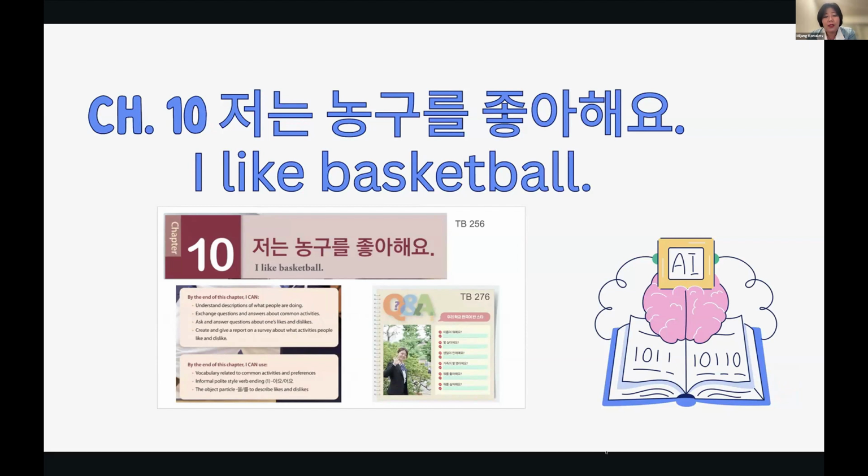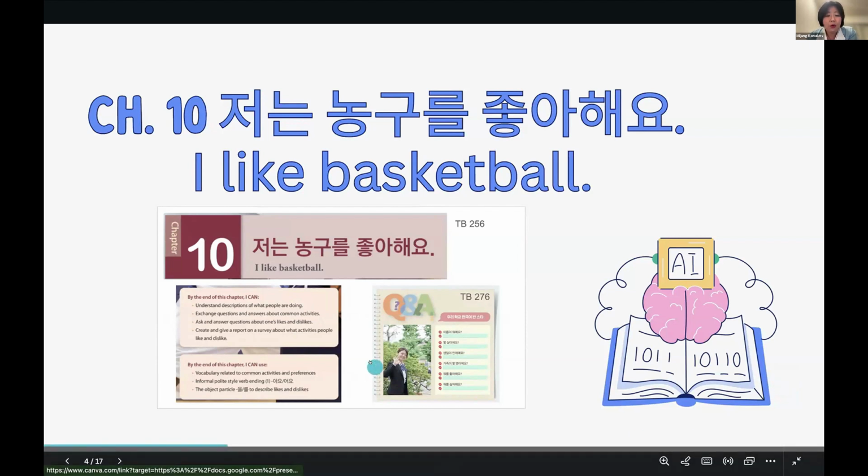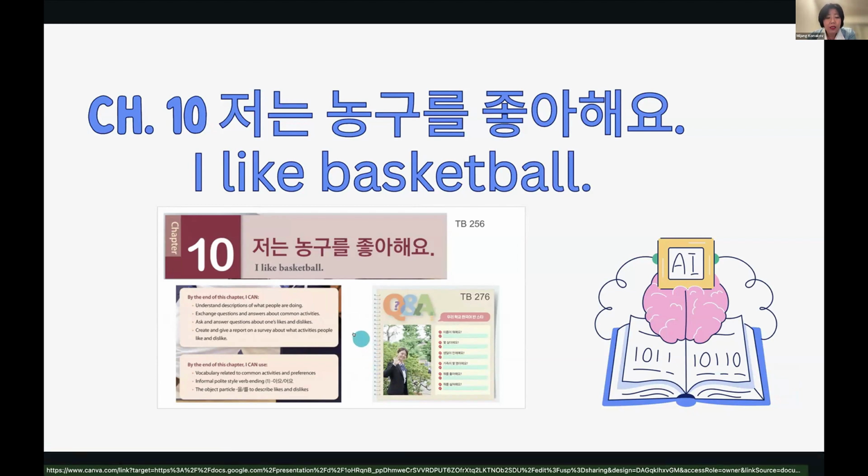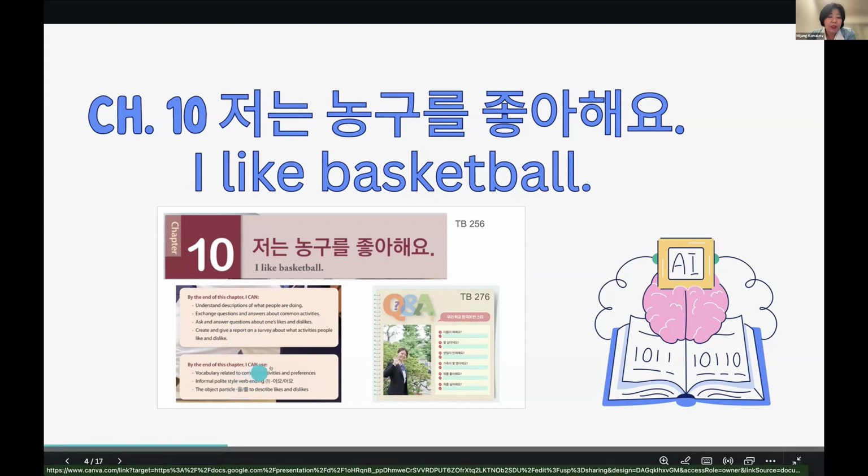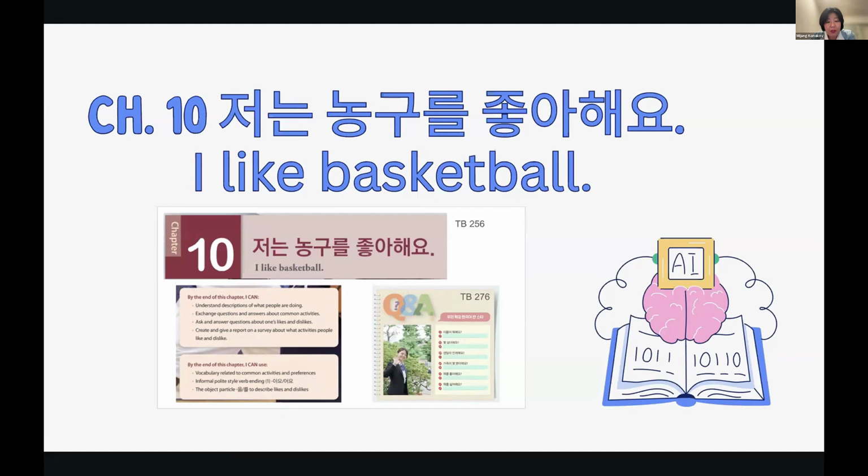In this Epic Korean, by the end of this chapter, the students would know these four items to express themselves in Korean, and they also pick up some grammar points they can use at the end of this chapter.